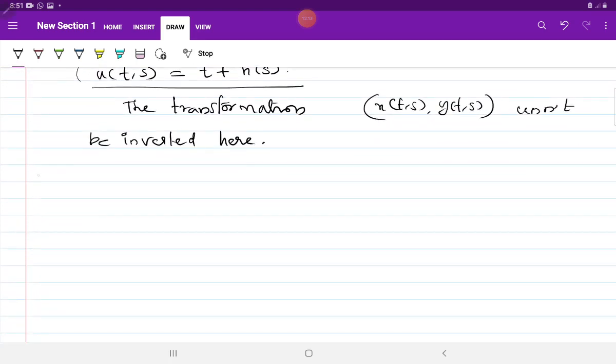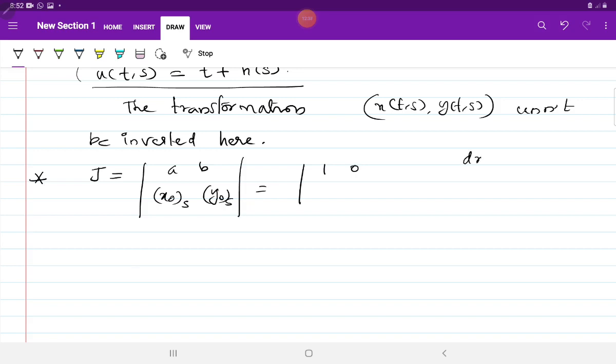From the transversality condition, we can see the Jacobian of these two. The Jacobian in this case is a determinant with a, b, dx naught by ds, dy naught by ds. What is a here? a is 1, b is 0.